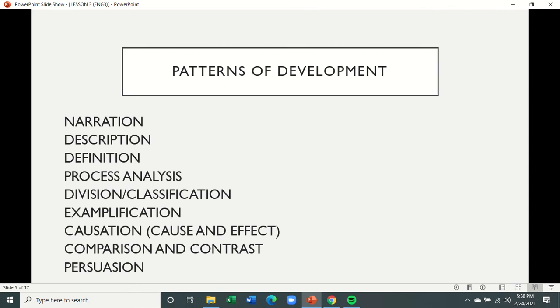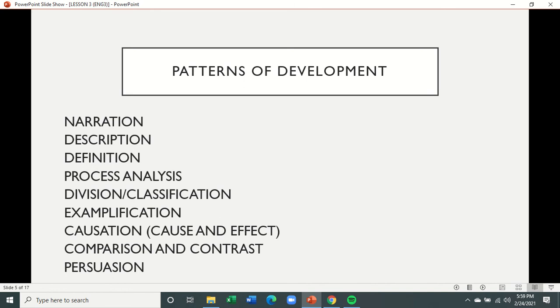And then on the sixth one, we have exemplification. The main purpose is to explain, however, by providing examples. And we also have causation. In causation, you look for the relationship of cause and effect. And we also have comparison and contrast, which finds the similarities and differences of two objects.